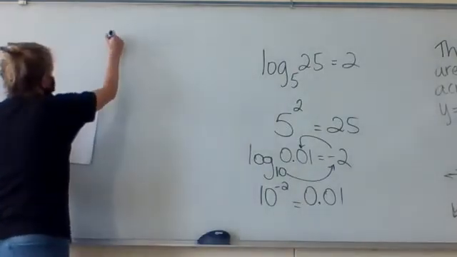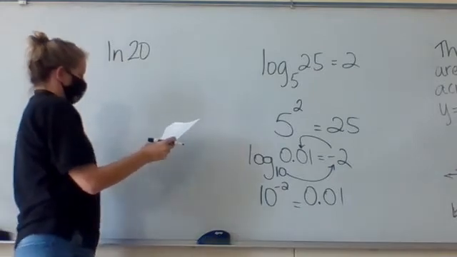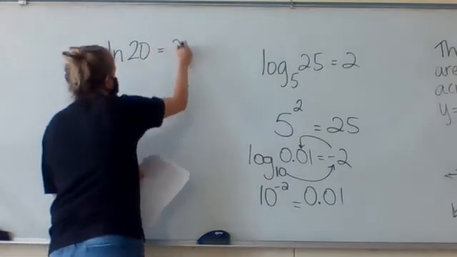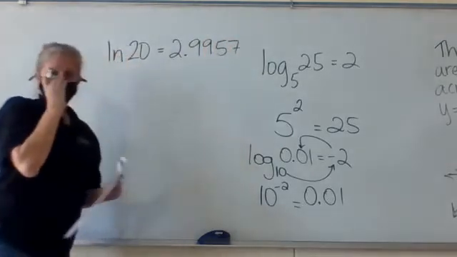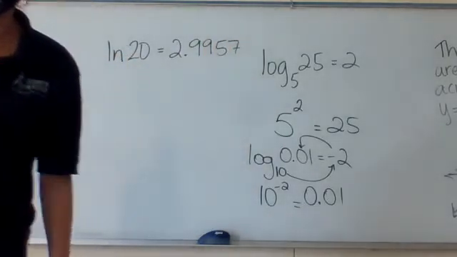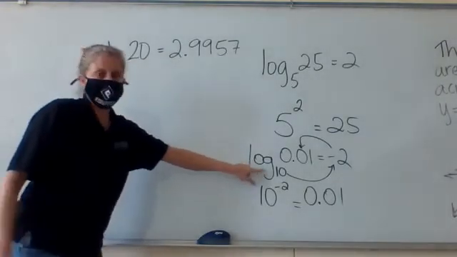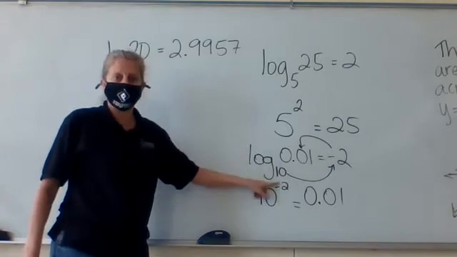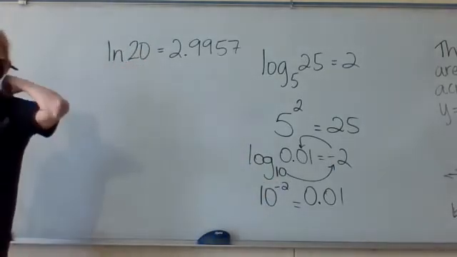ln 20 equals 2.9957, and it wants me to write this as an exponential equation. Again, this time I don't see a base. This base was automatically 10 because it said log. What is it if it says ln though? What is that base?